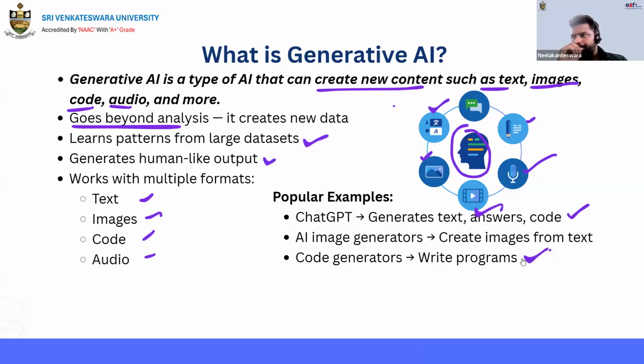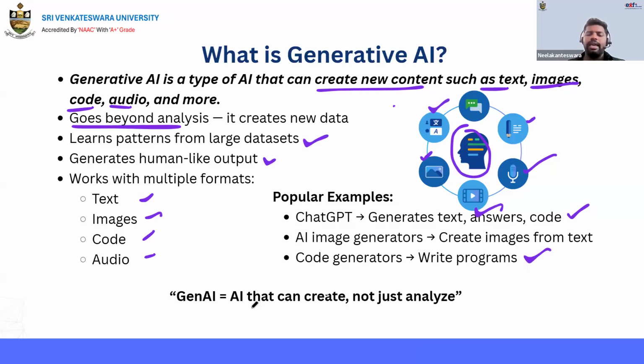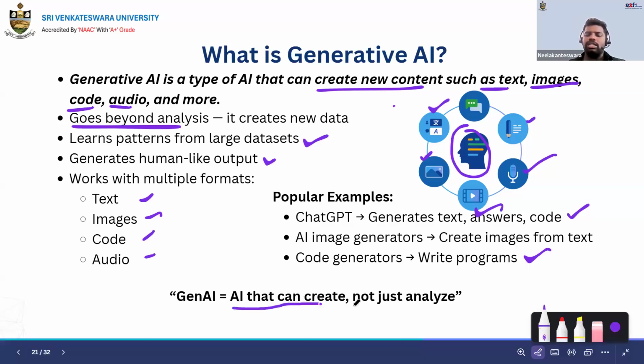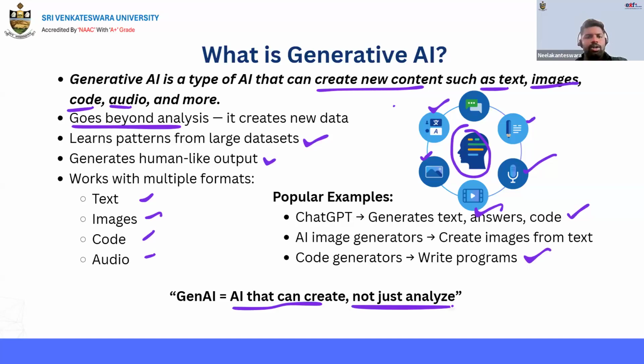Instead of only analyzing, it goes beyond the analysis and beyond the decision making, it creates new content in different formats. And finally, we say that generative AI is nothing but AI that can create, not just analyze. That is the thing about AI, ML, and GenAI.